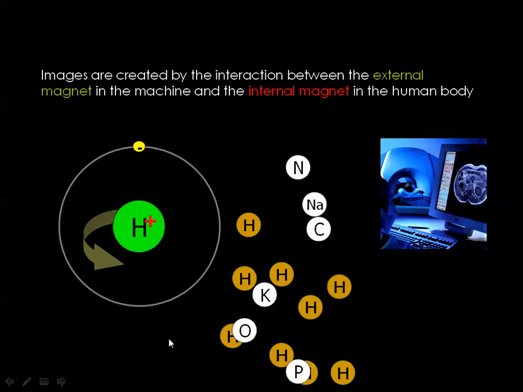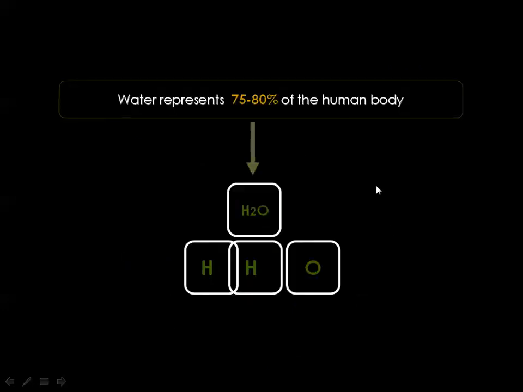You know that about 75 to 80% of the human body is made of water. Then water will have 2 hydrogen atoms and 1 oxygen atom. Then you know that hydrogen is the most prevalent proton in the human body, and all MRI machines dealing with human imaging can only deal with the hydrogen proton.